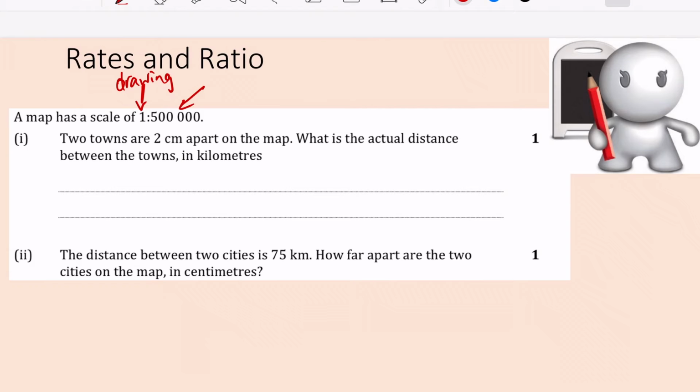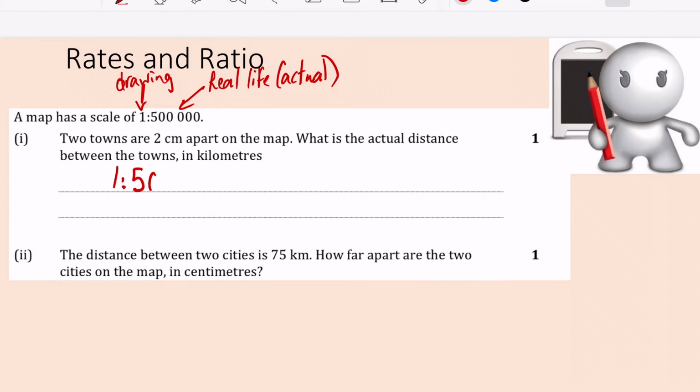The second number is the real life measurement, or the actual measurement. And because it's a ratio, the units are the same. So two towns are 2 centimeters apart on a map.